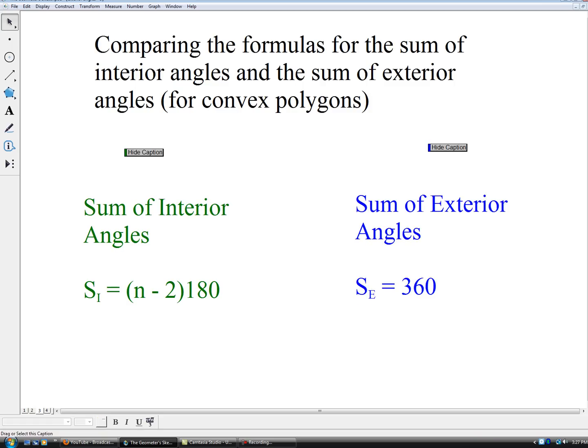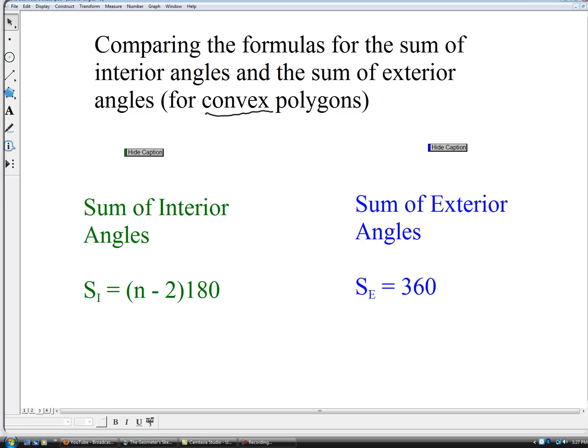The interior angles, and this little subscript i is just to make sure that you understand that we're talking about interior angles. You won't always see that subscript for this kind of formula. But this was our formula, the number of sides minus 2 times 180, and that always gives us the sum of the interior angles. And this is for any convex polygon. It doesn't have to be a regular polygon.